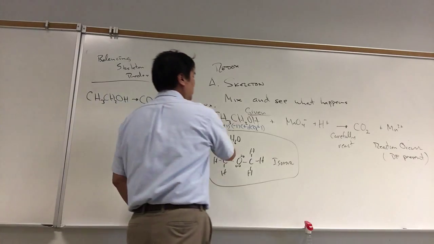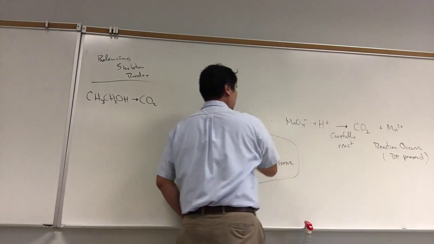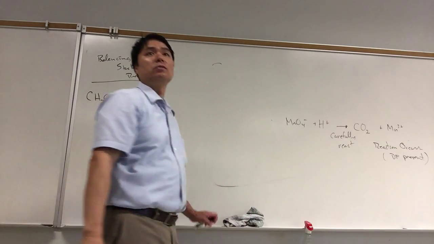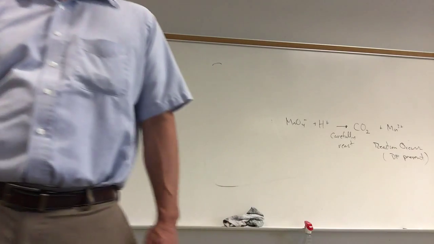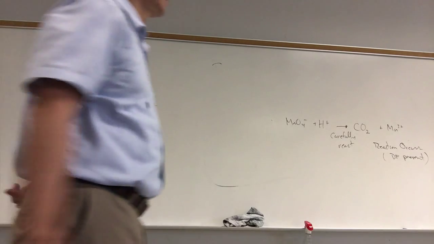As we know, when we burn ethanol, we can form CO2. Complete oxidation of ethanol should lead to what? CO2. Could we get CO3, CO4, CO5, CO6? No, we know it's going to go to CO2.